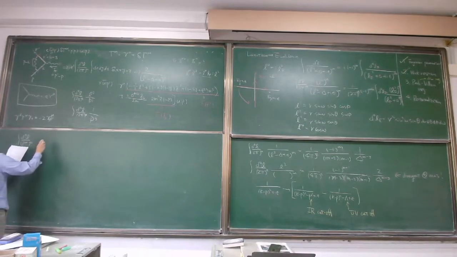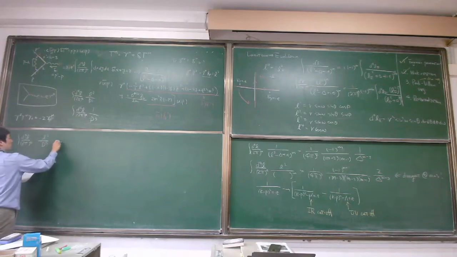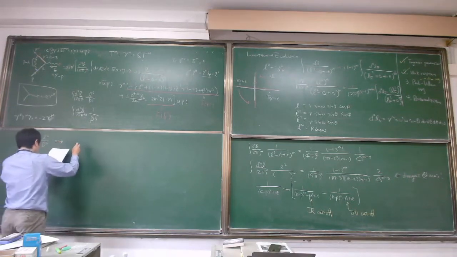So you have the l² cubed, which is split into the following thing.